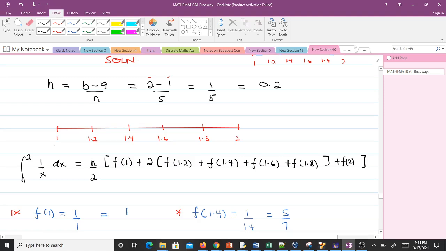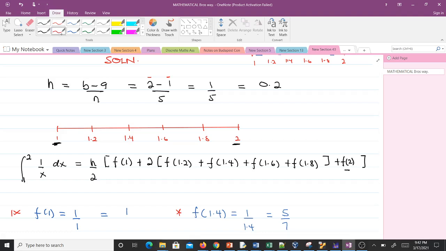That's the first, you see, 1 is the first one, and the last one is what? f of 2. So the rest are interior. There will be twice of them. So twice of f of 1.2 plus f of 1.4 plus everything. Can you see that? It's very simple. So the endpoint is just 1. The starting point, you just multiply by 1. Then the rest in between the first and the last to be twice of them. Okay.